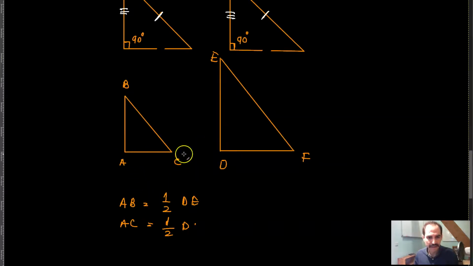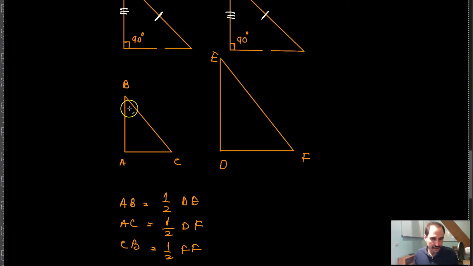And let's say that AC is equal to 1/2 DF. And let's suppose that CB is equal to 1/2 EF, or FE, right? So that means that I have taken this triangle and all the side lengths I have multiplied by 2, and then I've gotten this triangle over here.